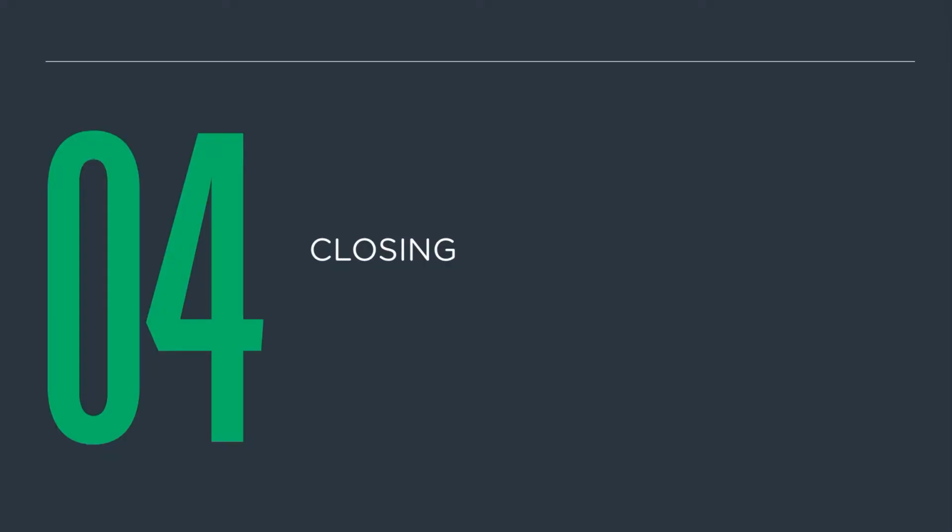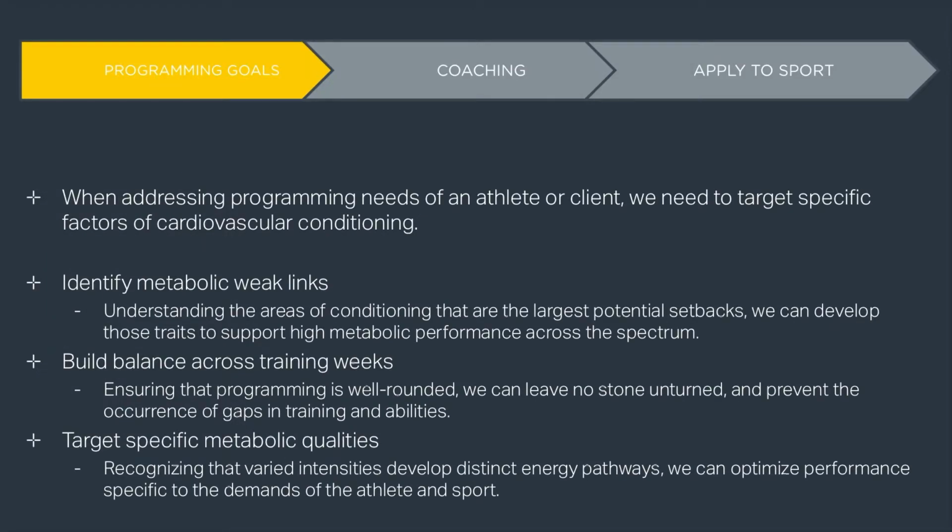So in closing, when addressing programming needs of an athlete or client, we need to be targeted on specific factors of metabolic conditioning. We want to identify metabolic weak links as that first step, understanding the areas of conditioning that are the largest potential setbacks. We can then develop those traits to support high performance across the spectrum.